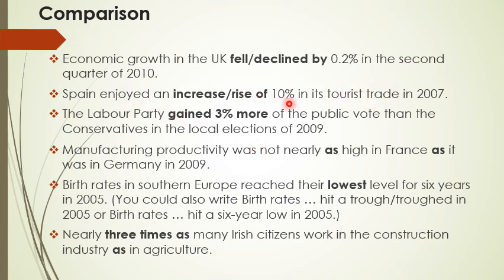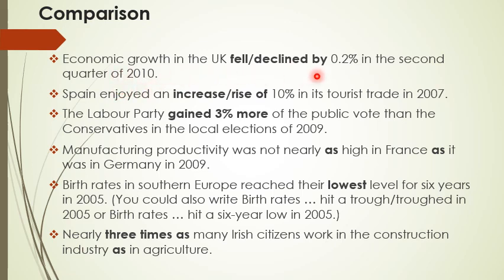Here I put some examples of comparison in academic writing. Let's start reading some of them, all of them, and go through them quickly. The first sentence says, economic growth in the UK fell or declined by 0.2 in the second quarter of 2010.